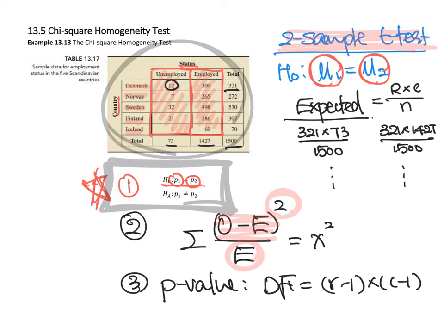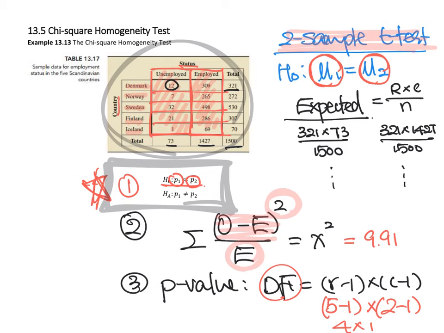From this example, I got the test statistic of 9.91. The number of rows is 1, 2, 3, 4, 5, minus 1, and two columns minus 1, and taking the multiplication is 4 times 1, so the degree of freedom will be 4.